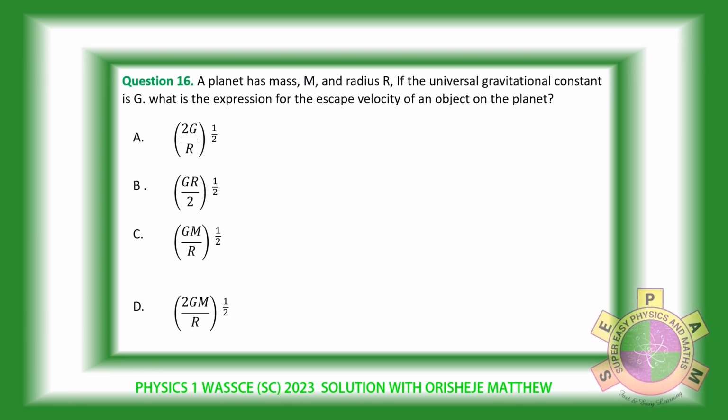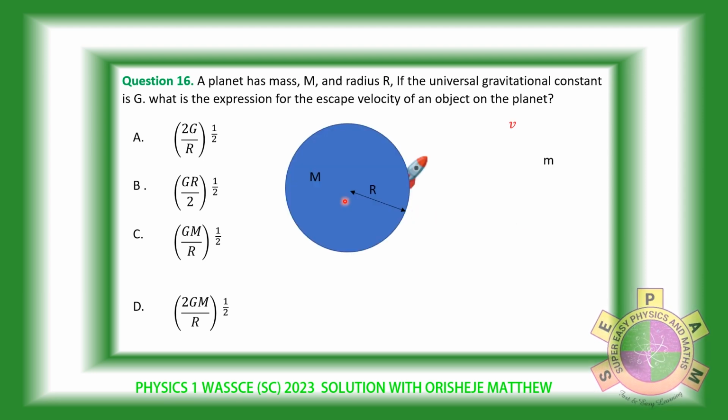Question 16. A planet has mass m and radius r. If the universal gravitational constant is g, what is the expression for the escape velocity of an object on the planet? So let's say this rocket has a mass m and is going to escape with the velocity of v.